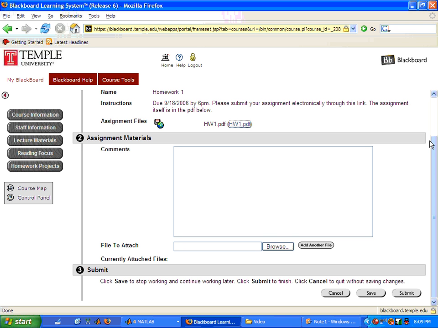But I would like to encourage people. One of the things I'm supposed to be doing is encouraging good scientific writing technique. So what would be a bad idea is just to give me a bunch of commented MATLAB code. What would be a good idea is to put sentences, try to create a few paragraphs. It doesn't have to be a lot. I don't want to read a lot.